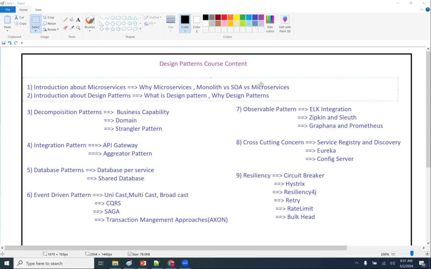Some of the things, like business capability, domain driven, strangler, are not hands-on; these are theoretical. 90% of these patterns have code, 10% don't. I already told this actually, but I'll repeat it. Clear? Yes, sir. Thanks for the clarification.